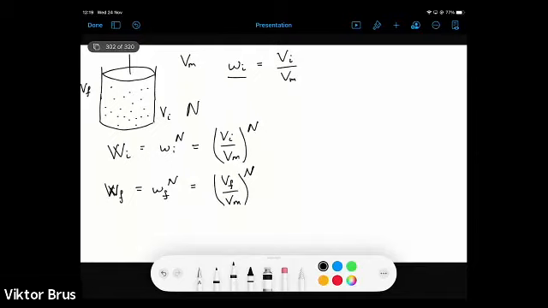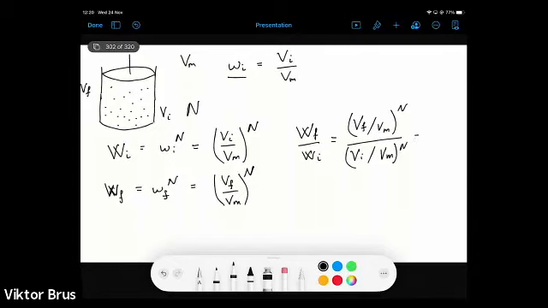Taking this into account, we can also consider what will be the ratio between WF and WI. So WF divided by WI is equal to V final divided by Vm in the power n, divided by V initial divided by Vm in the power n.